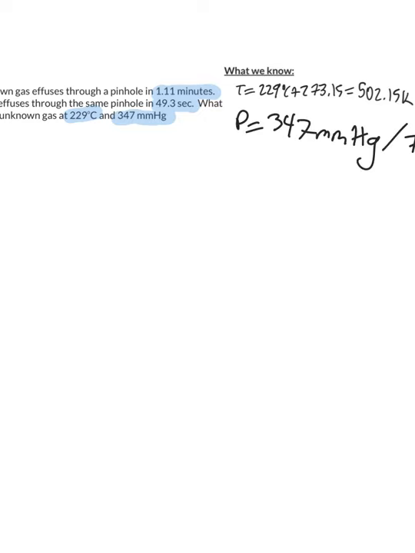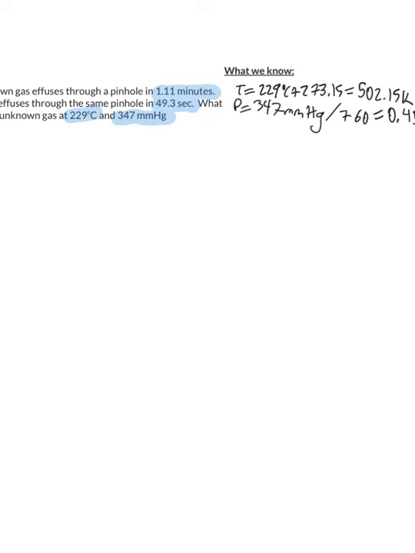We know that the temperature is 229 degrees C, and we'll add 273.15 to find it in Kelvin, which is 502.15 K. We know the pressure, which is 347 mmHg, which we divide by 760 to get 0.457 atm.